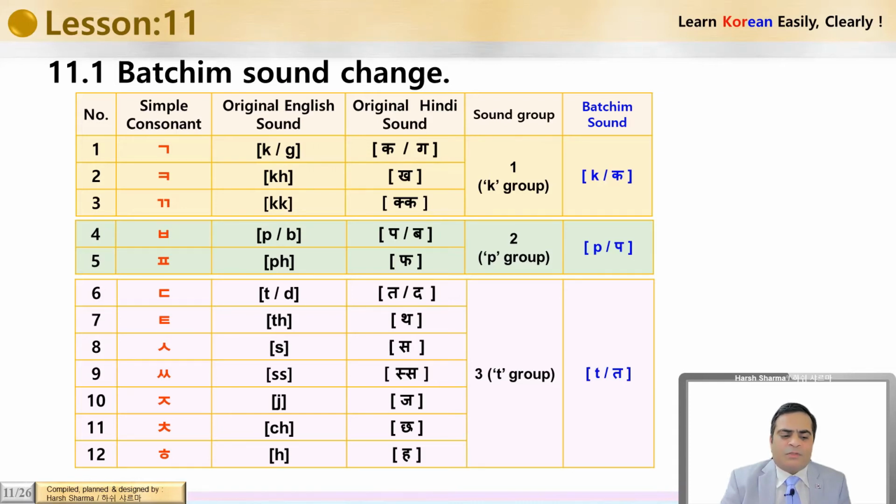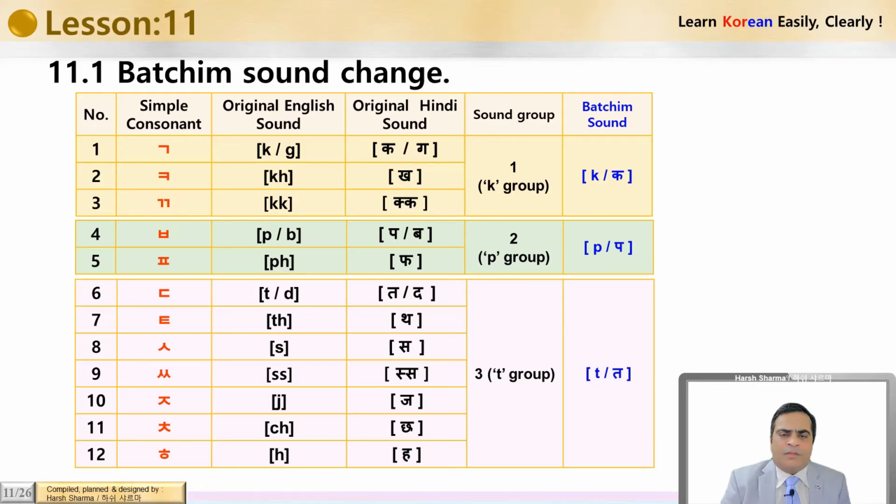From number 6 to number 12, they have their own original sounds, but when these 7 are written at the Batchim position, they all will be pronounced with one sound, that is ta.